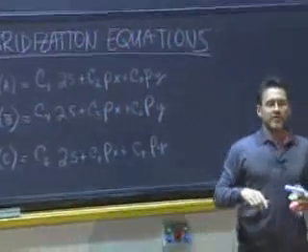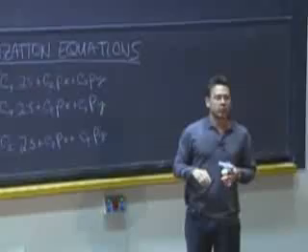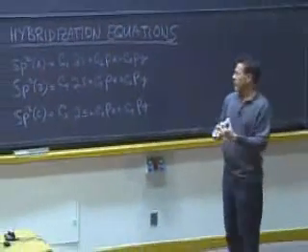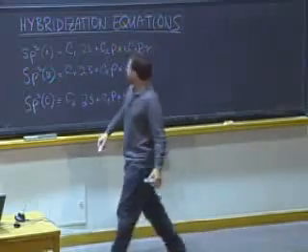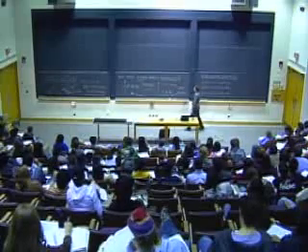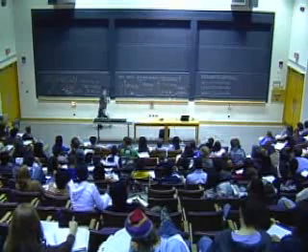So we can use the rules of quantum mechanics, and I'm going to summarize a few of these rules for you before this lecture ends, to find the values of these constants. Okay, let's go over here and begin.